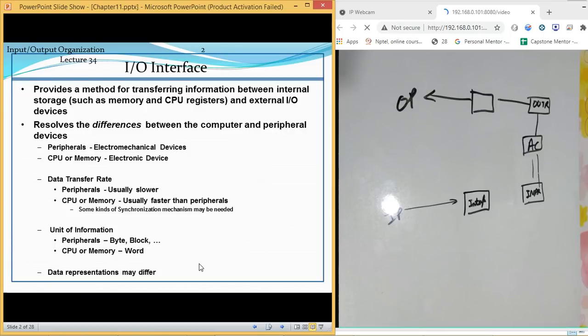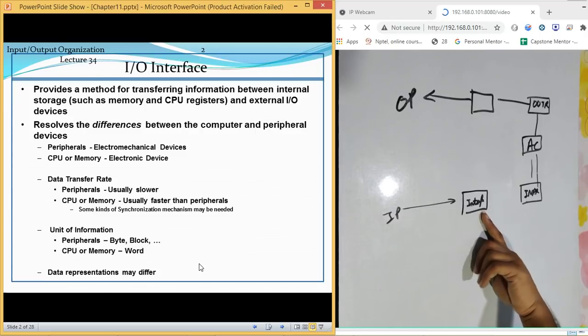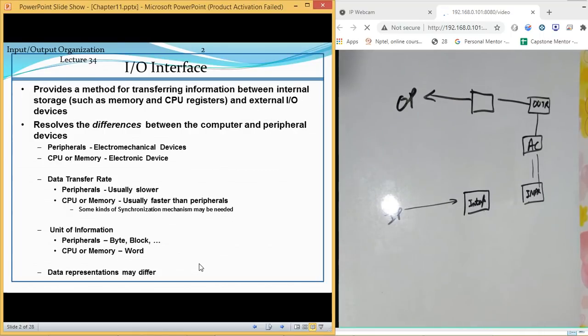Now we are going to talk about how the interface functions and what it can do, what its main tasks are, why we use an interface, and why it is necessary to have an interface working in a proper fashion to make your system work properly. So what does an interface do?